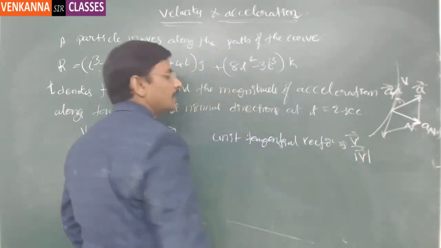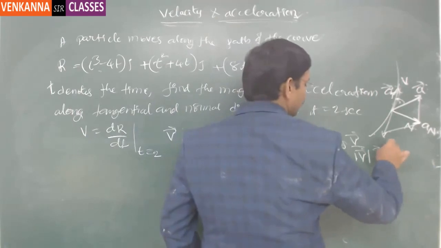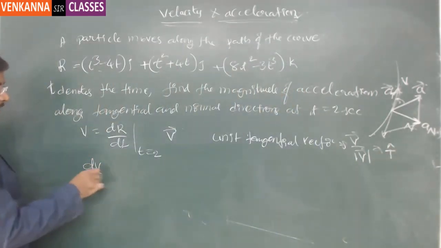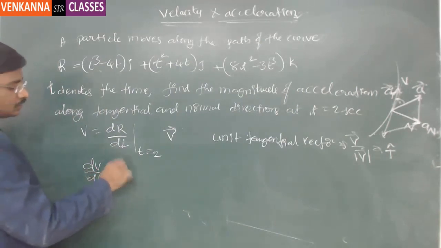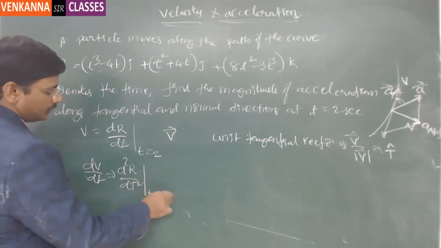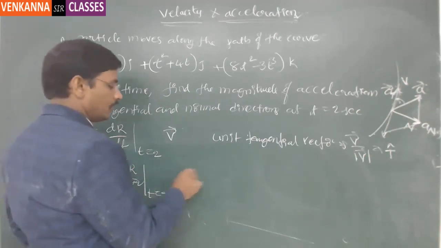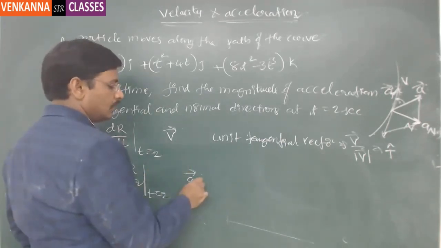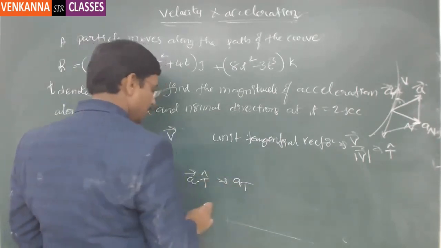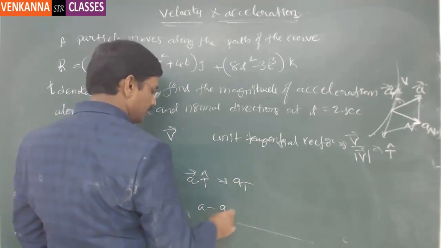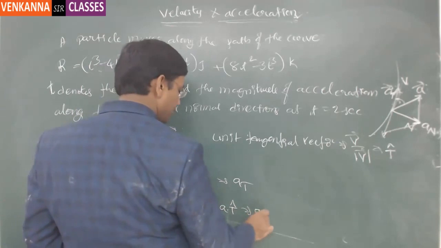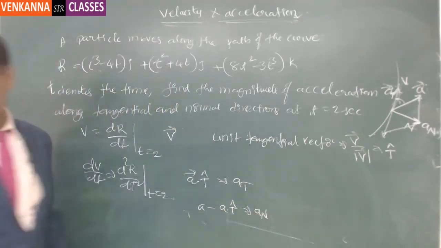I call this t cap. And then find out dv by dt, which is d square r by dt square, at t is equal to 2 seconds. This is what you are going to get as a. So a dot t cap is the tangential acceleration, a tangential, and then a minus (a dot t cap) t cap is the a normal. Find out this.